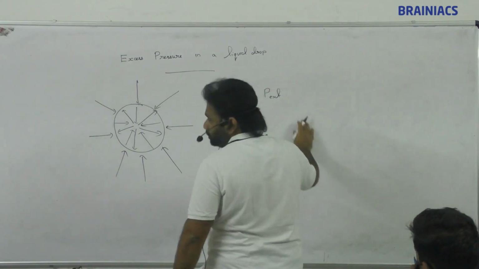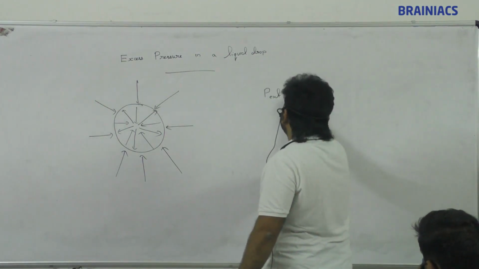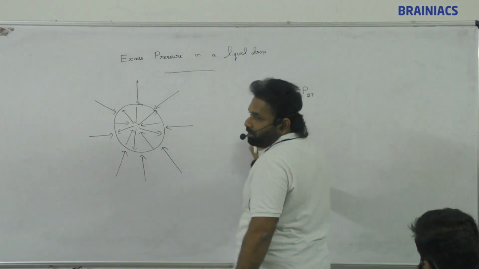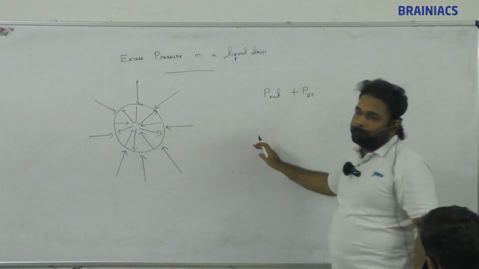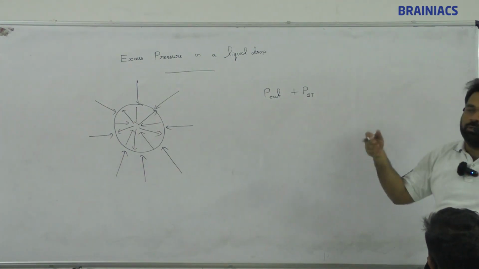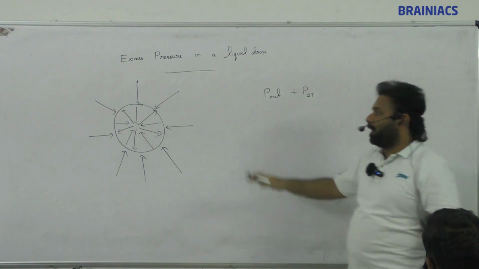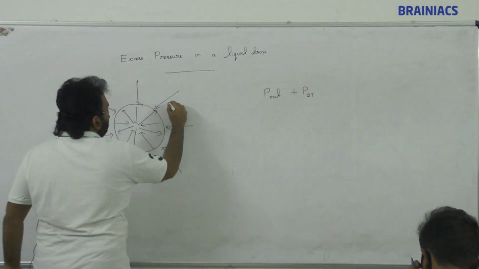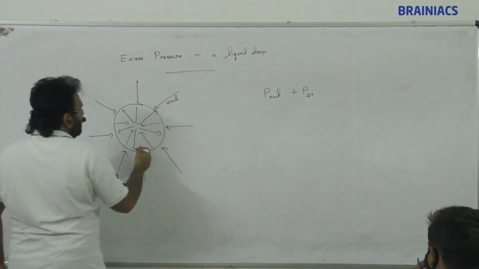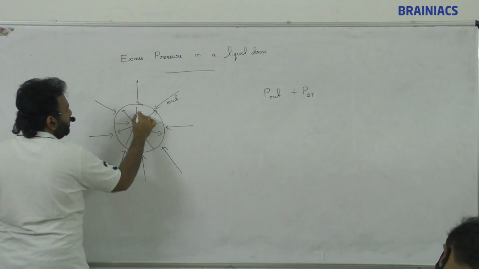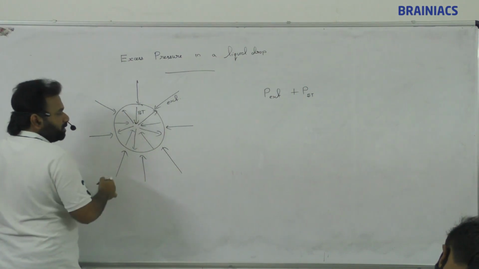external pressure plus the pressure due to surface tension? All of them are acting into the drop, in this direction. So this is external, and again I have shown this direction. All these are due to surface tension.